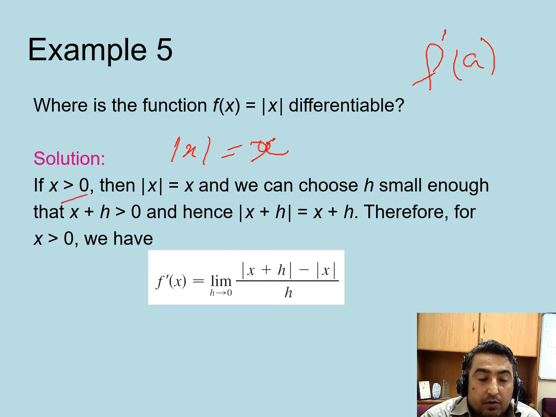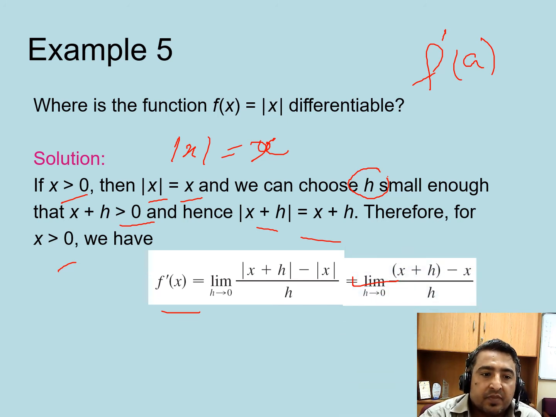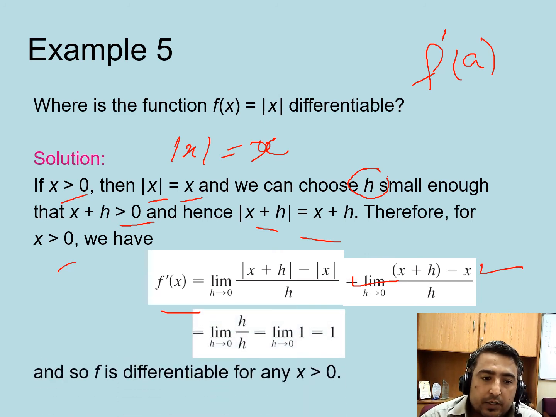And when x is greater than 0, the modulus of x is equal to positive x. So choose a small h such that this is greater than 0, and hence this is equal to this one. Therefore, for x equal to this, the derivative is this. Alright, so this is a limit problem, and simplifying the right hand side, this reduces to h over h, which is 1.